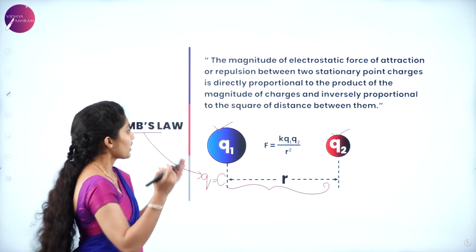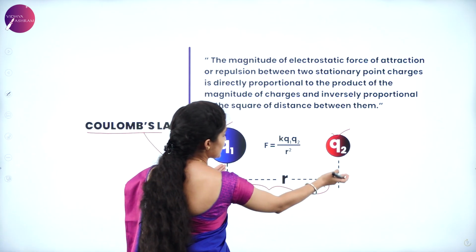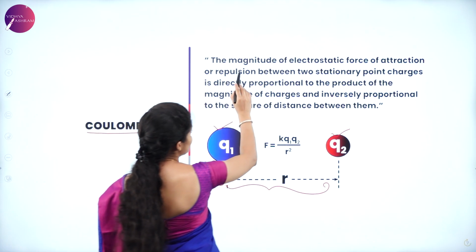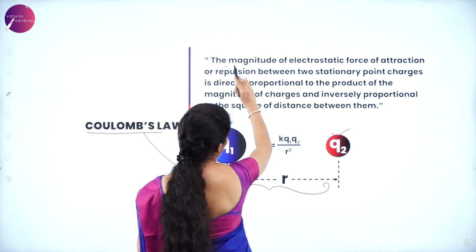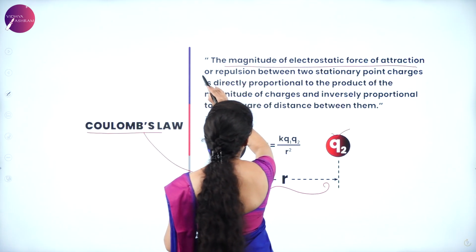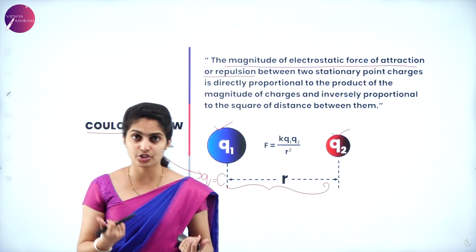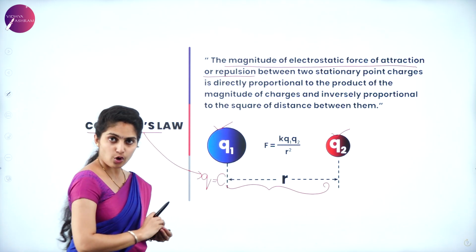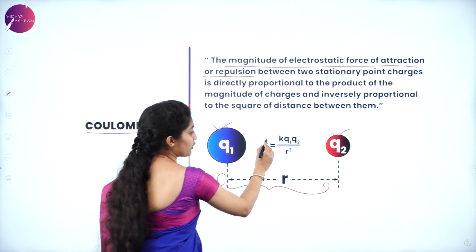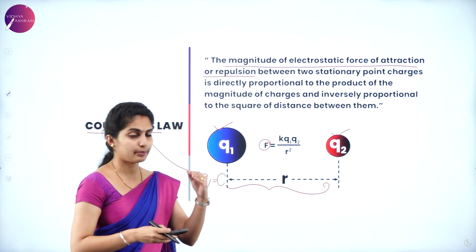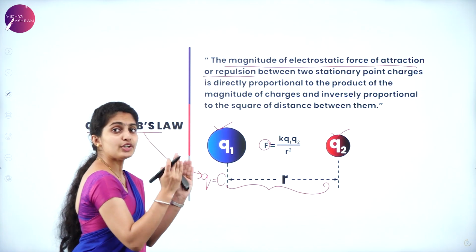So here there are two charges and there is a distance, that is r, and it is like the magnitude of electrostatic force of attraction or repulsion. We don't know whether we are talking about attraction or repulsion. So, the magnitude of electrostatic force of attraction or repulsion. It can be attraction or repulsion between two charges.